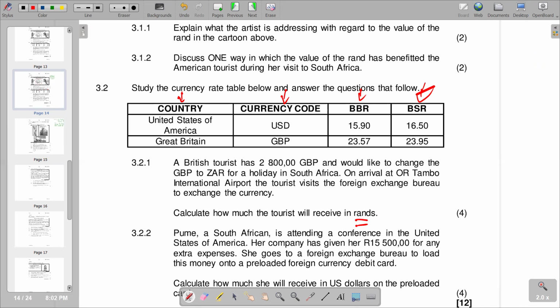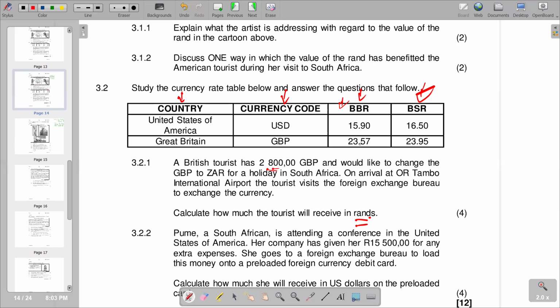We just have to express it in terms of the rates. The British tourist has 2,800 pounds, and that is the value that needs to be converted to rands. Looking at the table, to convert the 2,800 to rands, the tourist is going to use the buying rate, which we have in this column.